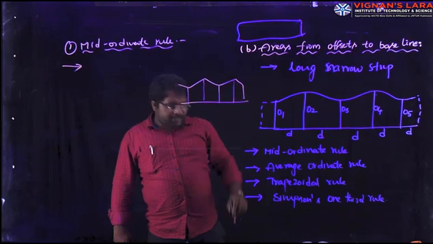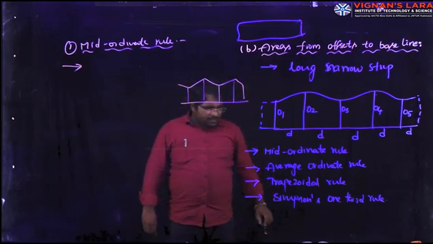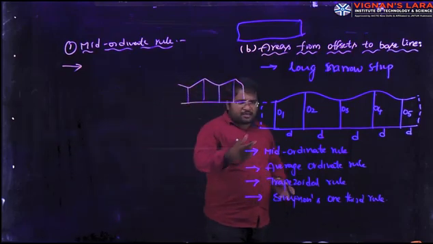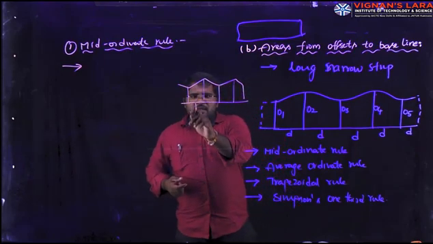Like this, you are going to get the straight boundaries between two ordinates, and these ordinates have equal distance.